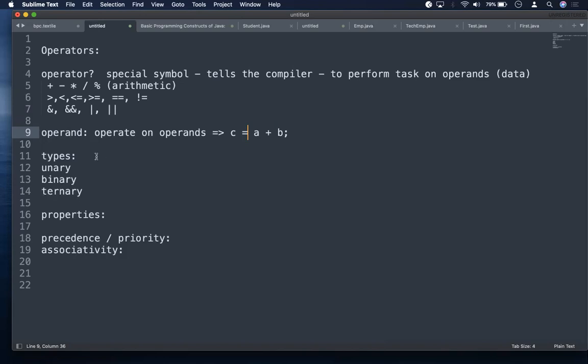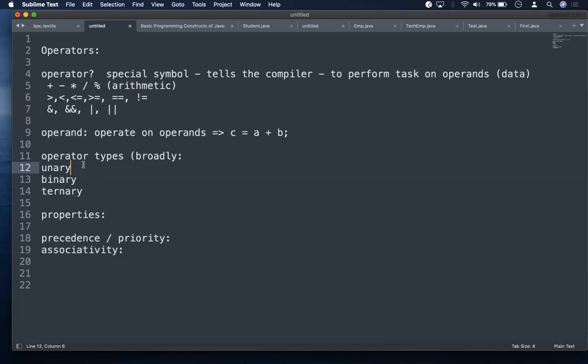Coming to operator types in a broad way. Broadly, how they are categorized, not like arithmetic, relational, etc. Broadly, the operators are categorized into three types based on how the operator is being used with the operand.